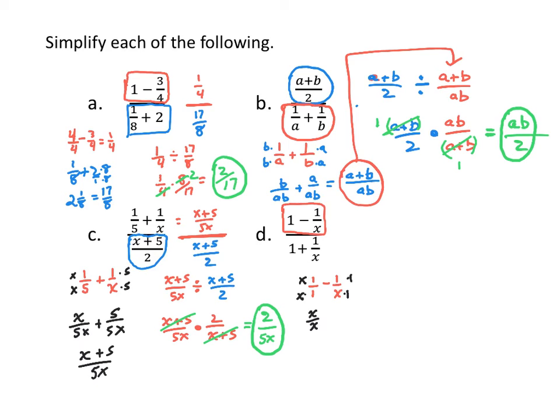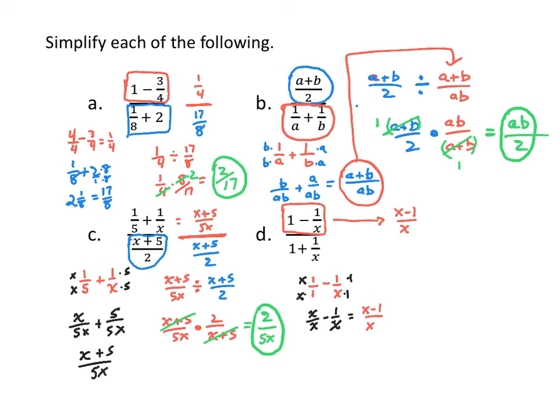No, we knew that it was 1. That's where we came from. Minus 1 over x. See, we had to do that to get a common denominator. So that is now x minus 1 over x. So this numerator here is x minus 1 over x.